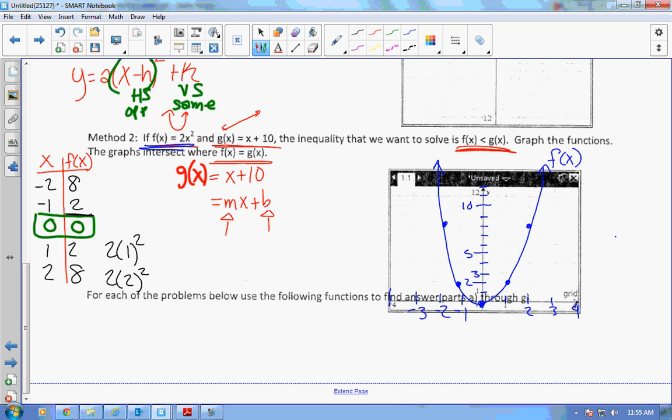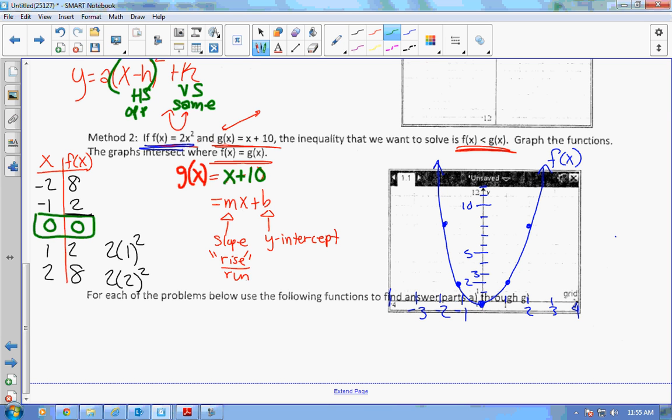Okay, what's m? M is slope. Do we have a phrase for slope? Rise over run. What's b? The y-intercept. So if we look at our function, we have x plus 10.